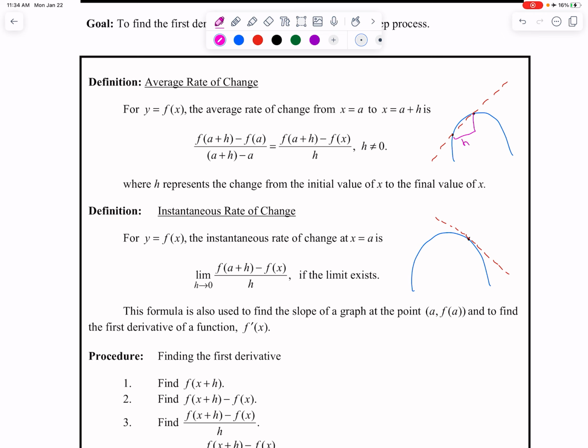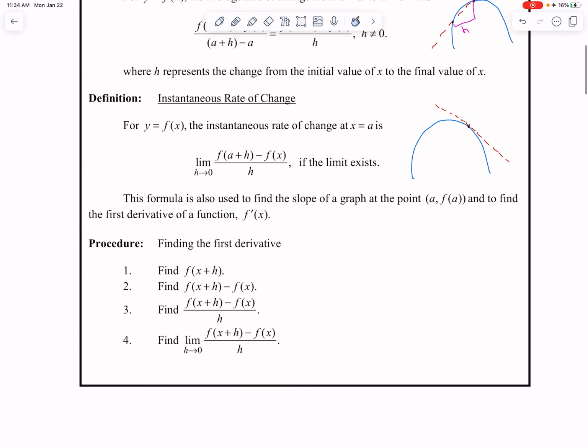So we moved a value of h. Down here, we have an instantaneous rate. It's only looking at the one point, and we want to know the rate at that point. So we're taking the limit of the average rate, but we're making our change closer and closer to 0. We're making our h go to 0.